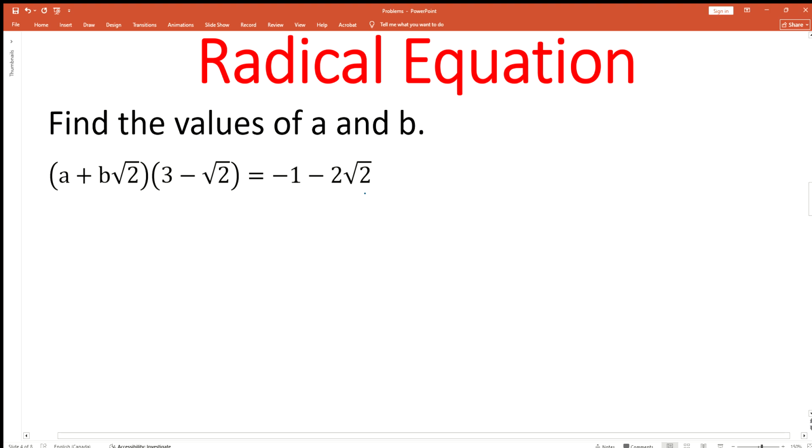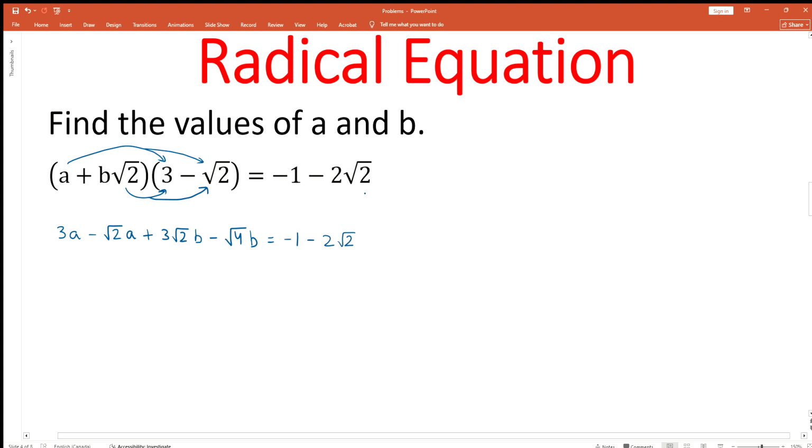The first step is to distribute the terms in the parentheses on the left side of the equation using the FOIL method. I get 3a minus square root 2a plus 3 square root 2b and then minus square root 4b equals negative 1 minus 2 square root 2.